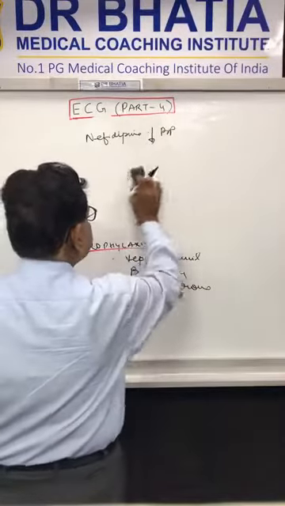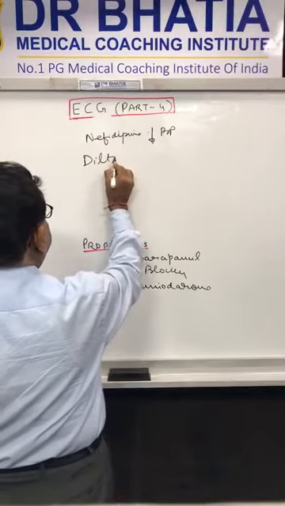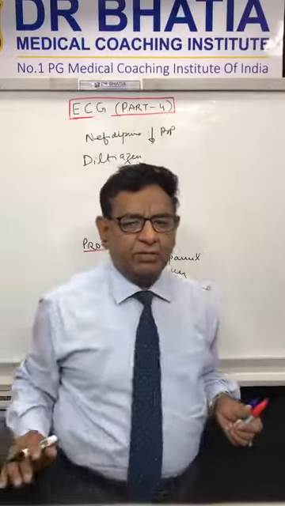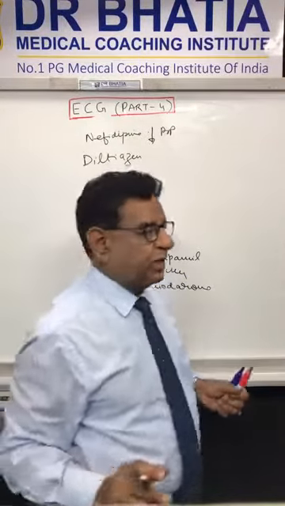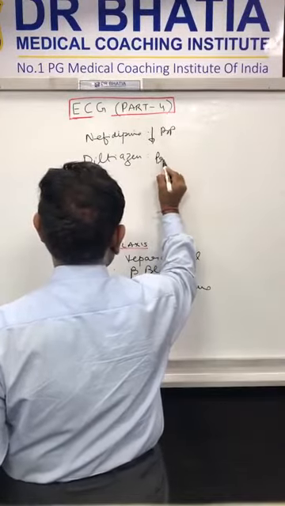As far as diltiazem is concerned, it has its main action on the coronary artery. It dilates the coronary artery. That's why it is especially used in Prinzmetal angina.